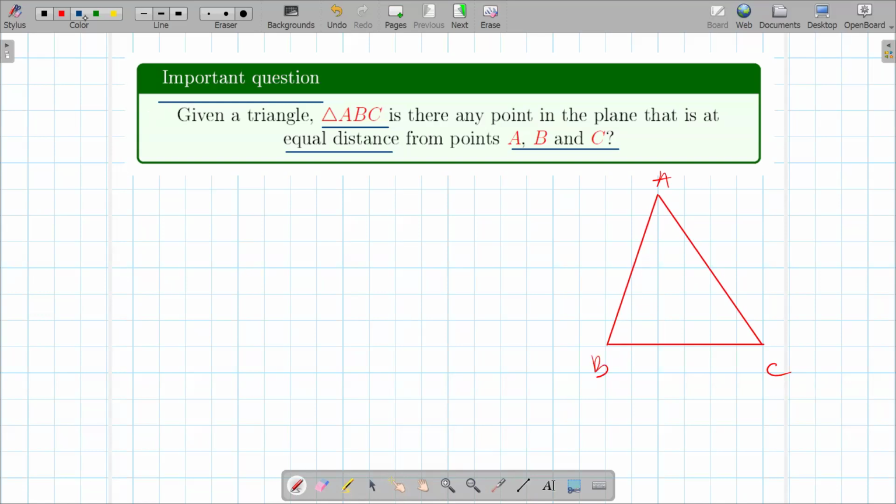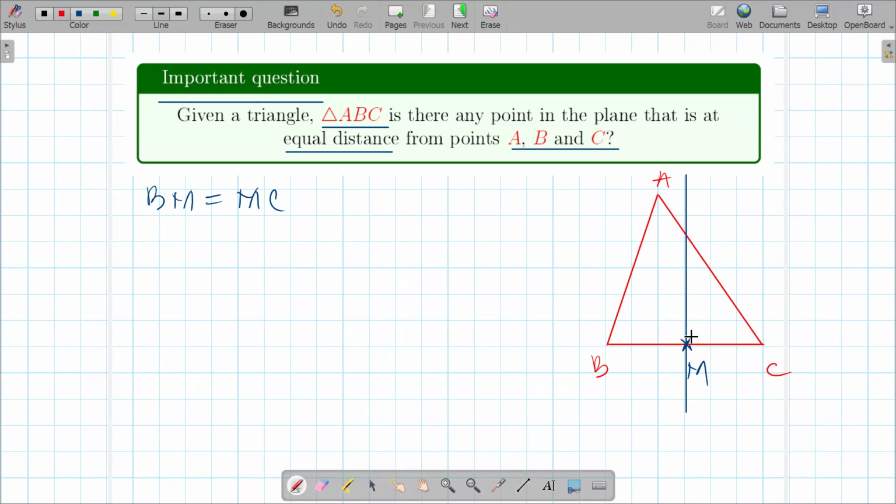If we ignore the triangle for now, let's focus only on the two vertices B and C. If we take midpoint M here at BC, so BM is equal to MC, and we consider the segment bisector, let me extend it as much as I have to here.